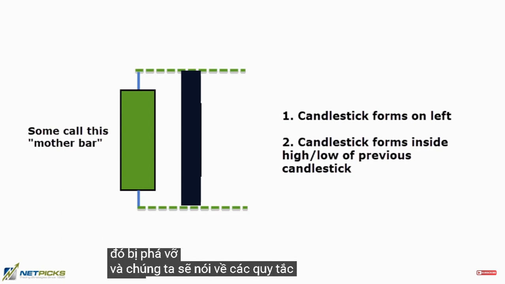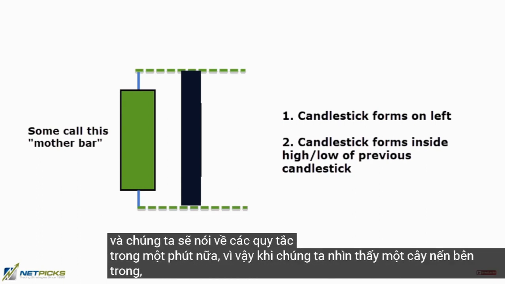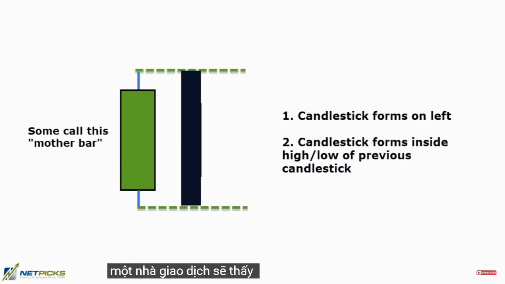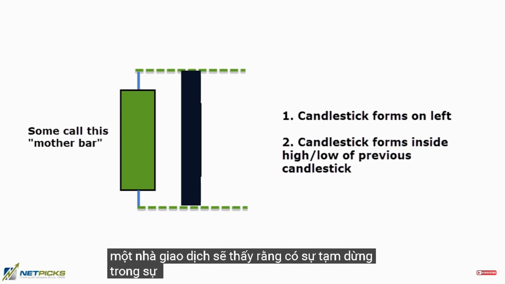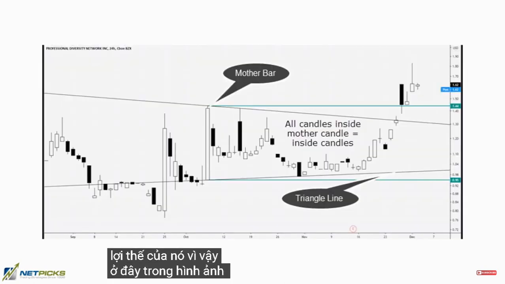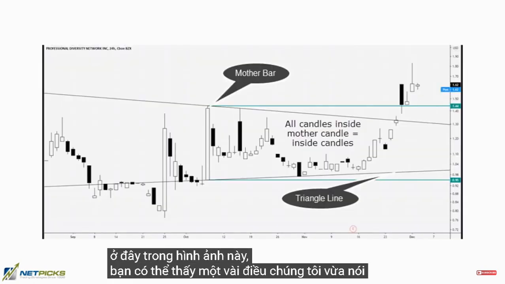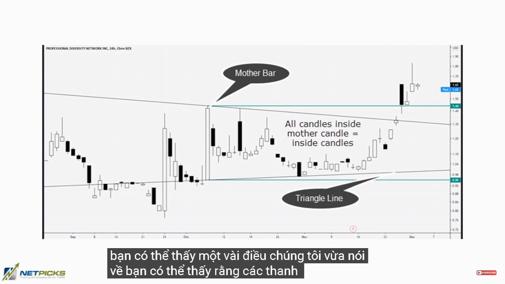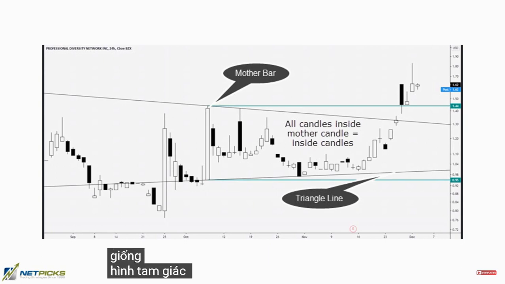And we're going to talk about the rules in a minute. So when we see an inside candle, a trader should see that there's a pause in the volatility of the price movement. It's these pauses that we want to take advantage of. So here in this graphic, you can see a few things we just talked about. You can see that inside bars resemble triangles on lower time frames.